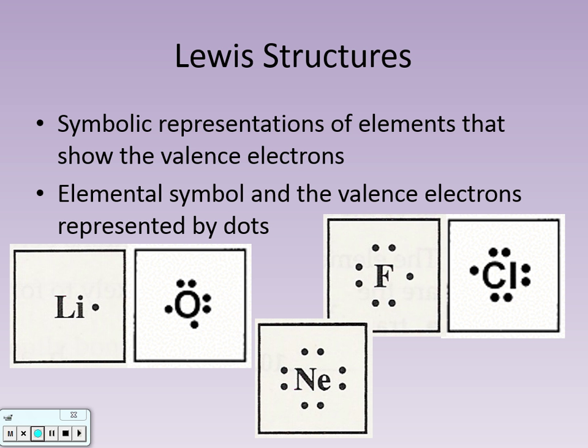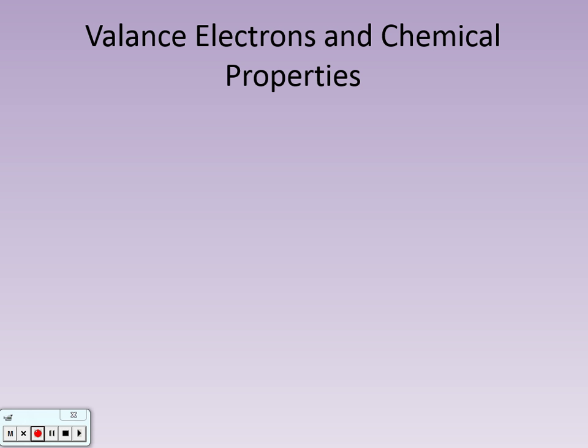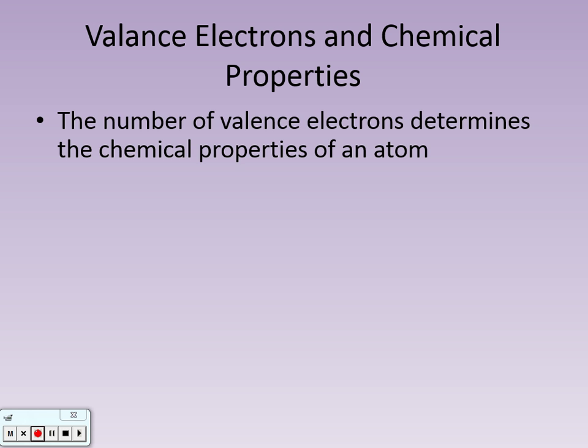Now, why is the number of valence electrons important? It's important for bonding. We say that the number of valence electrons determines the chemical properties of an atom.